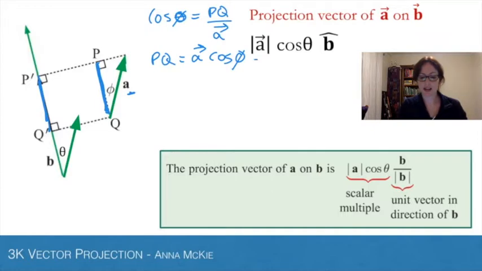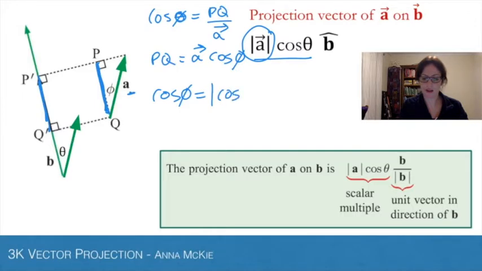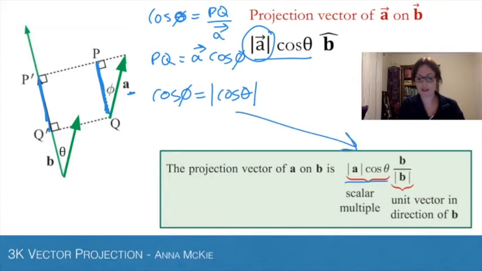Now you can see the similarities here with the formula that I've given you. We want the length of that line though. So we need the magnitude of vector A, which you can see is there, and we're saying that cos of phi is equal to essentially the length of that angle, and then that will be a scalar multiple. So if you look down here, we've got the length of A and cos of theta, so it's the cos of that angle.